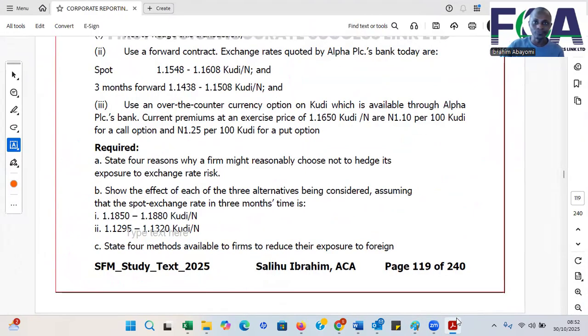So now I don't need to know the number of contracts because it's not traded. So I'll just go back and see what the exercise price is. Current premium at an exercise price of 1.165.